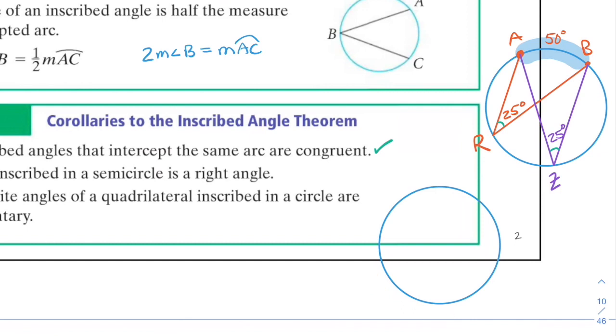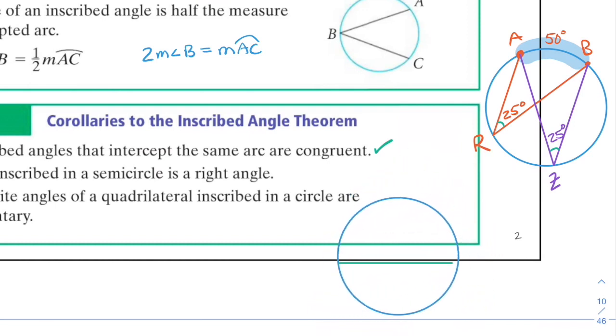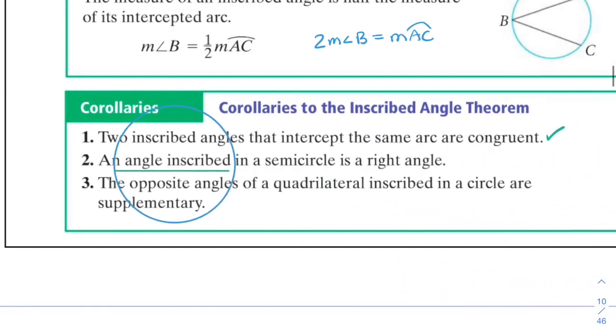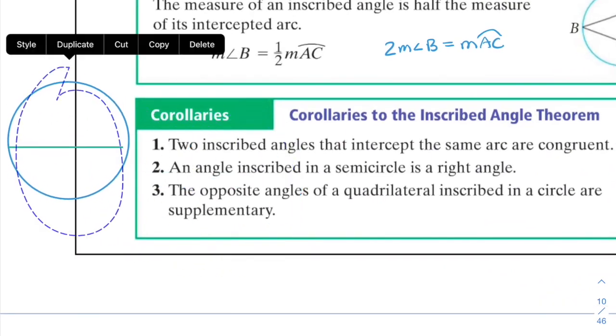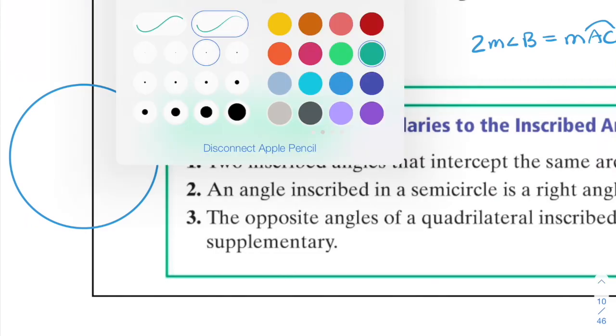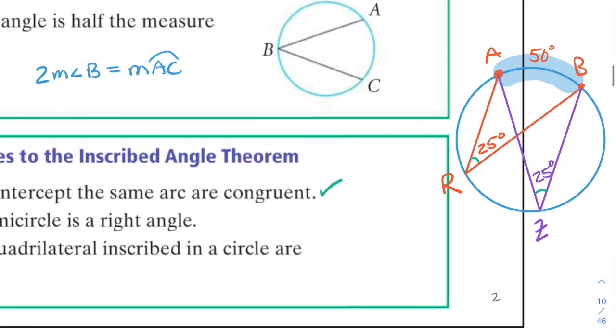Okay, let's put a semicircle through this. This is not in a good spot. I'll do number 2 off to this side, and 1.